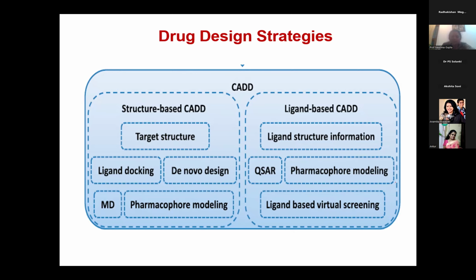You proceed like that. In the ligand-based computer-assisted drug design, your pathway will be the information about the structure of the ligand. Then you will go for the QSAR studies, and then you can do pharmacophore modeling, making certain changes in the drug candidate, and then go for ligand-based virtual screening.